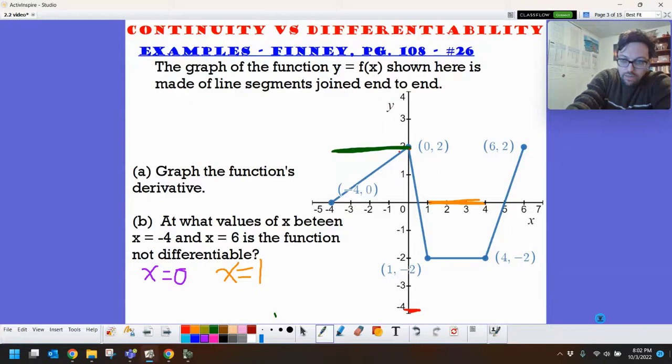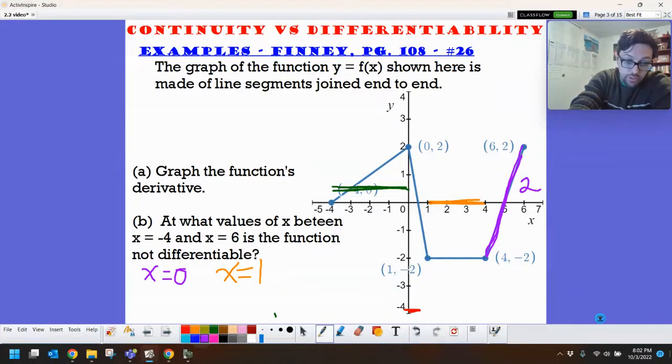Finally, we can look at our last little piece here. We've got a slope of, let's see, we're going up 4 over 2. So that is 2. Oh, that one was like a half. It's wrong, but I'm still right. It's still not differentiable. This is a half. There, I fixed it.